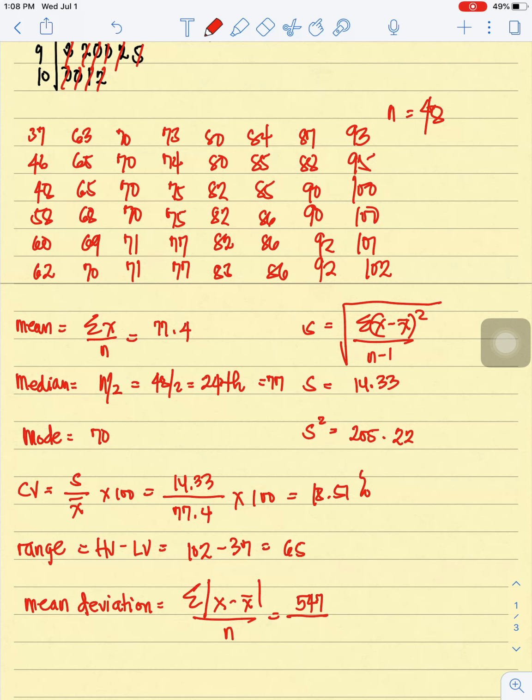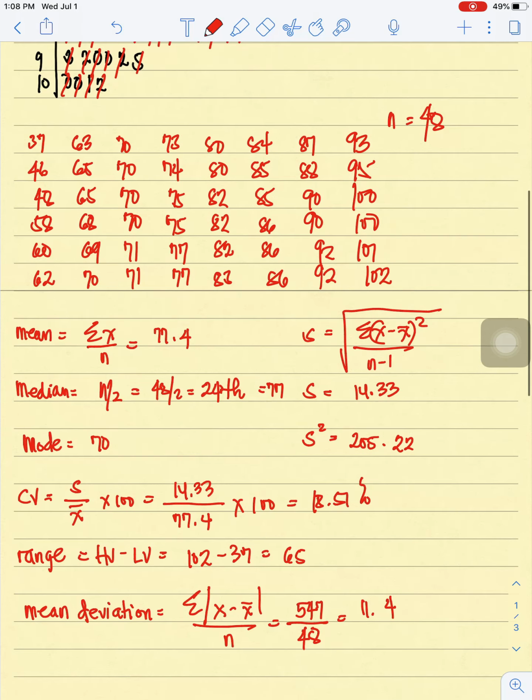Divided by our n is 48. That is equal to 11.4, okay? So, for the mean deviation, this x minus x bar, I'll just explain it. We all know that our x bar or the mean is 77.4.